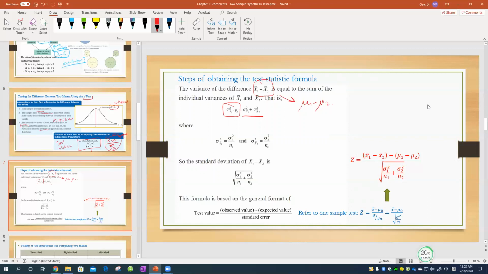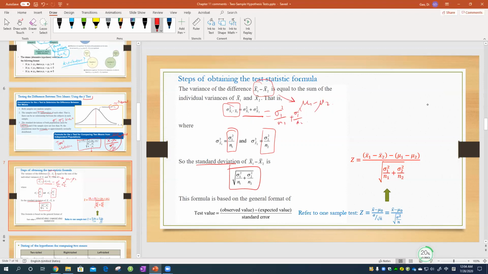That is sigma 1 squared over n1, by the sampling distribution's variance. We have these two specified, and then take the sum. That's the variance for x1 bar minus x2 bar, which is sigma 1 squared over n1 plus sigma 2 squared over n2. Then the standard deviation will be the square root of the variance, of this form. So we basically know the standard deviation and mean for this sampling distribution.